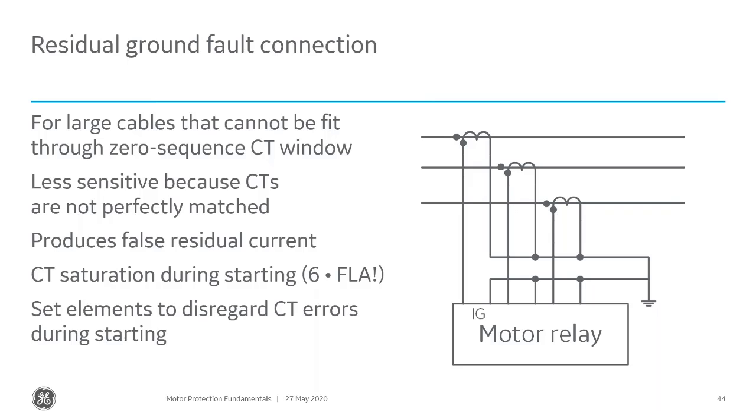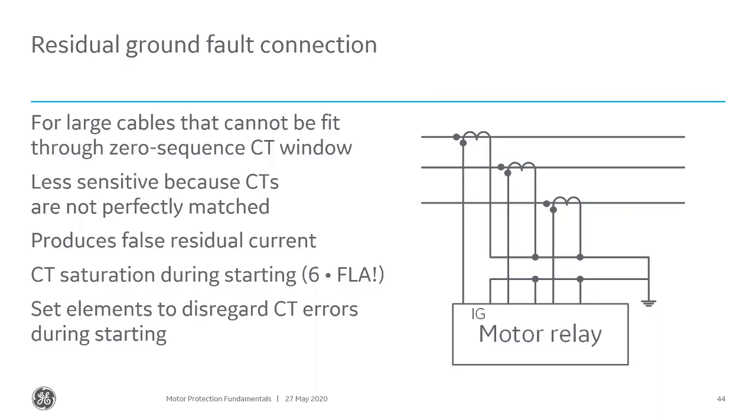Either way, this sort of protection is appropriate for certain ground conditions. So let's go back to my two scenarios that I mentioned in the last slide. The two scenarios I had were some sort of impedance grounded system and some sort of solidly grounded system. On that solidly grounded system, I couldn't really use my zero sequence CT because my fault current was 10,000 amps, right?